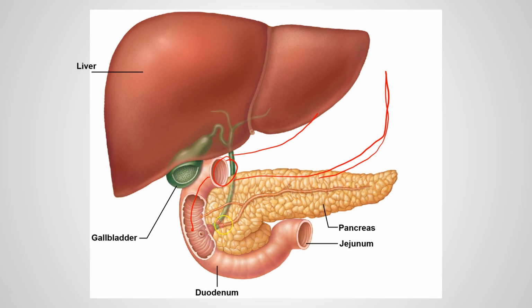So here we have the pancreas, that's attached. We have the liver, that's attached right here. And we also have the gallbladder that attaches into the duodenum. This part is important because since it has these 3 accessory organs attached, this is where most digestion occurs.